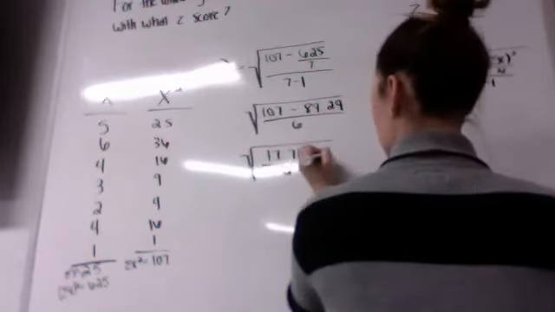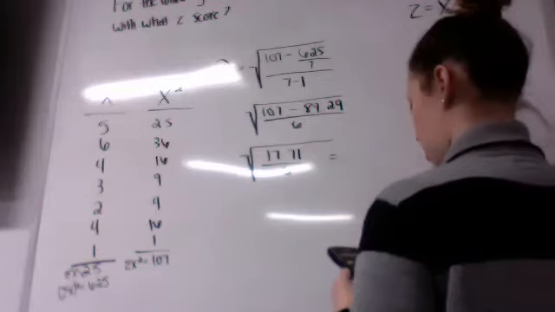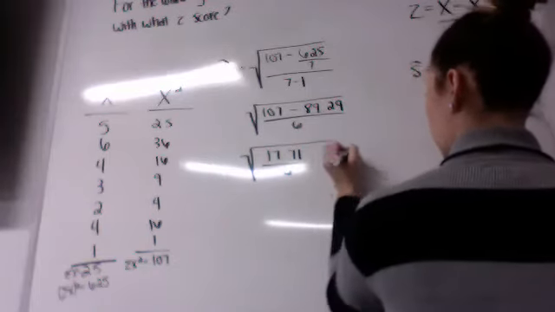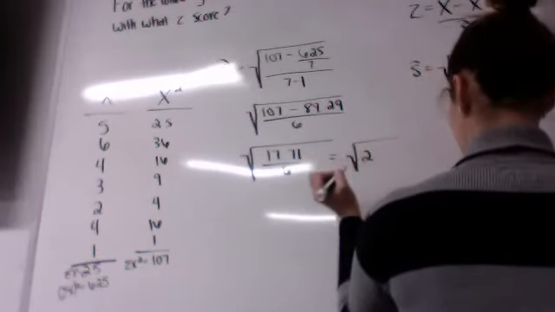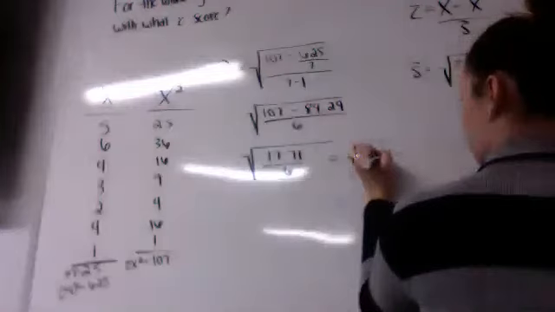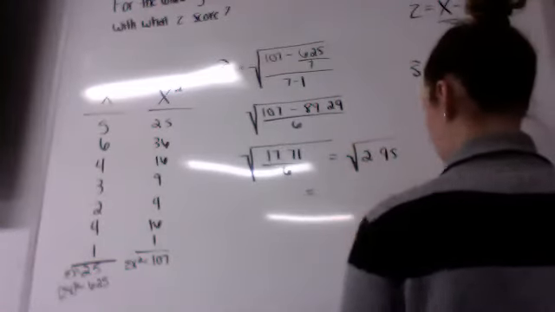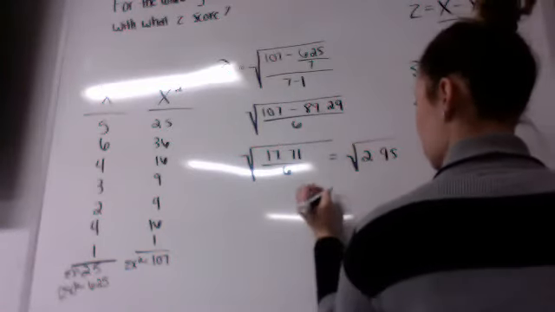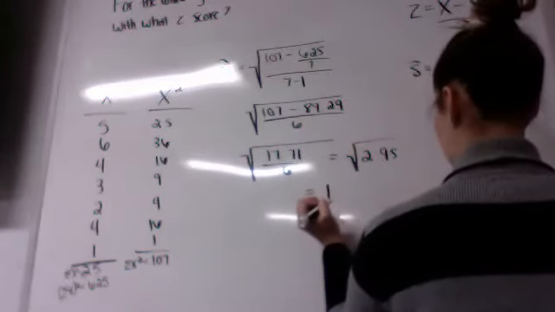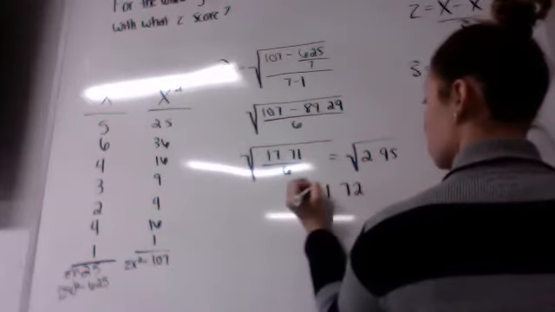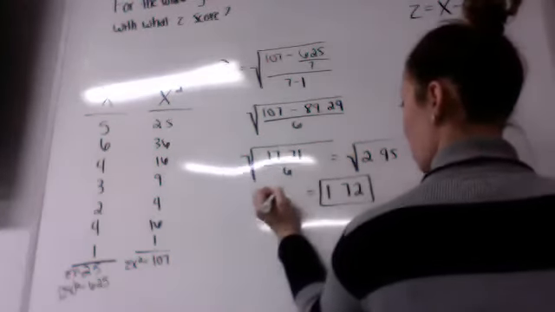The denominator is 6. We divide that by 6 and we get the square root of 2.95. We do that square root and we get 1.72. So this is our standard deviation, our S hat.